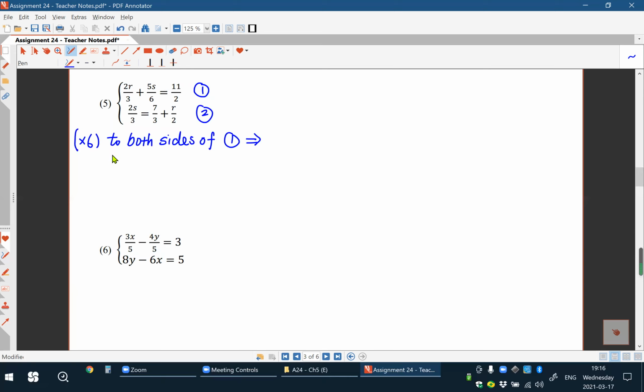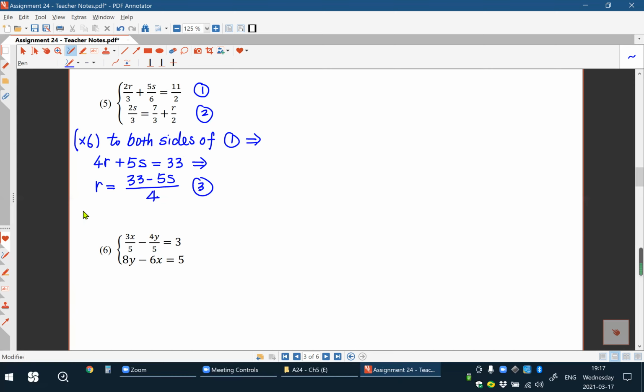And this will give you 4R plus 5S equals 33, right? And now we need to solve R in terms of S. So R equals 33 minus 5S over 4. And then let's call this 3.